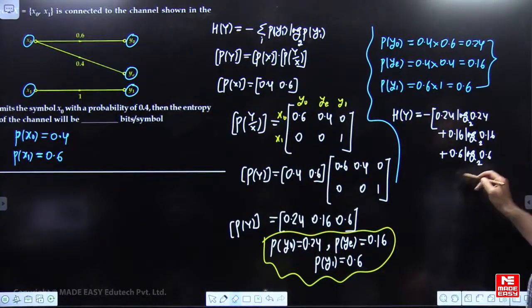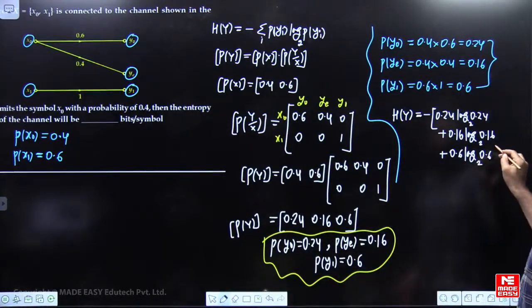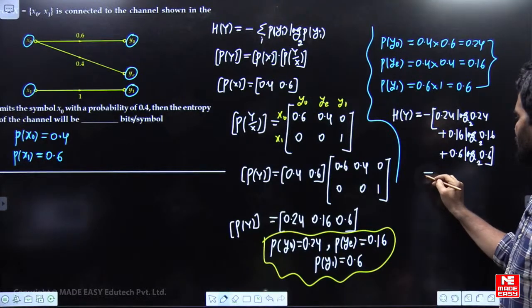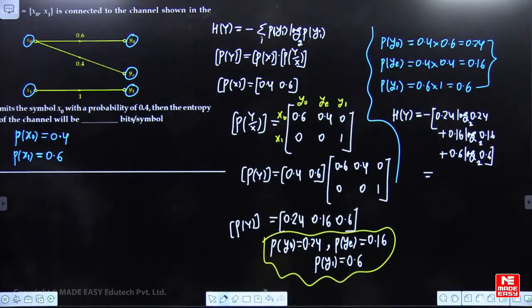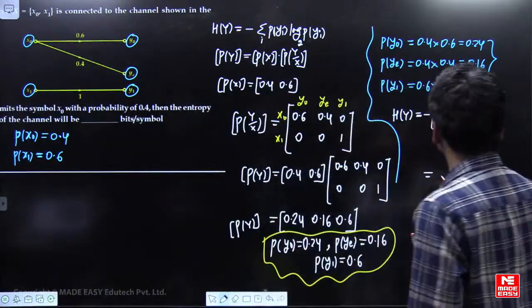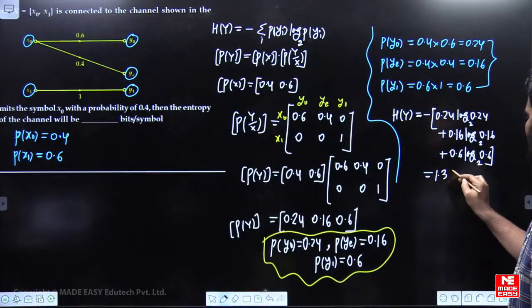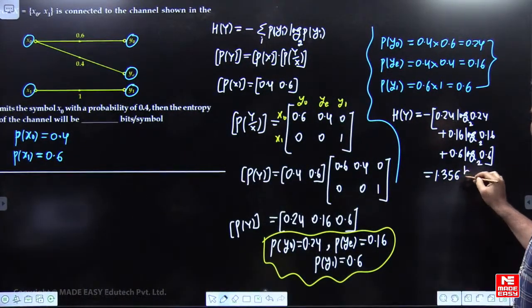So if you do this calculation, what is the entropy you are getting here? H(Y) will be how much? This is 1.356 you will get, bits per symbol.